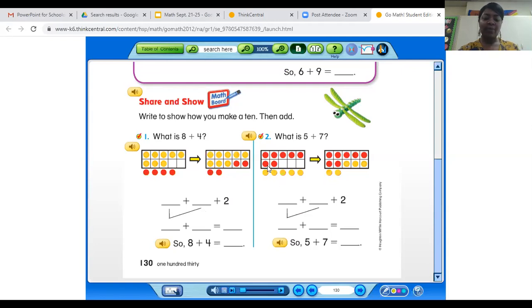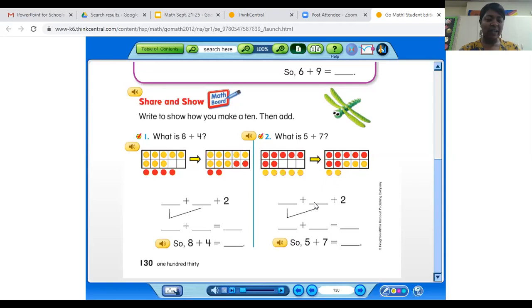All right, let's look at number 2. All right, so they've already drawn it. So now we have to think it through. All right, so we made a 10. So we had 7. And how many do we add to it over here? 3. So 7 plus 3 plus 2. I'm going to add these two together.